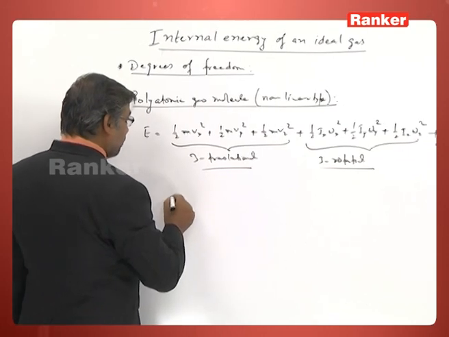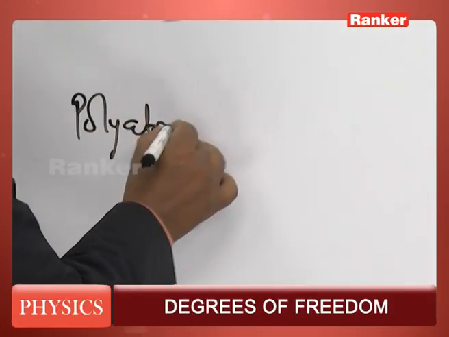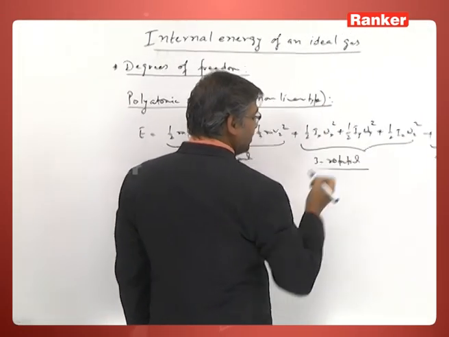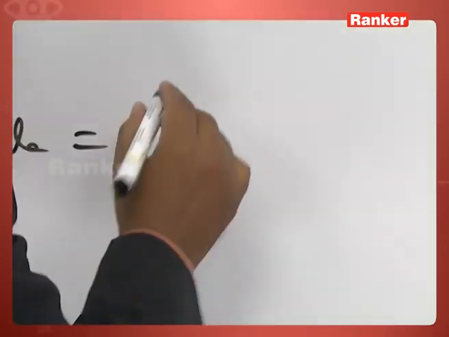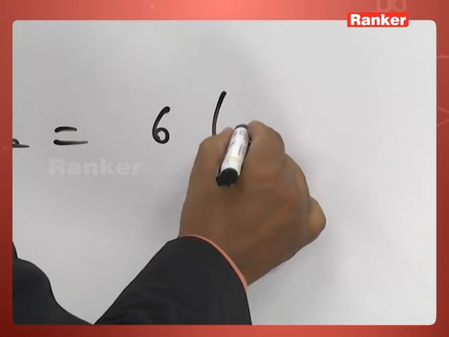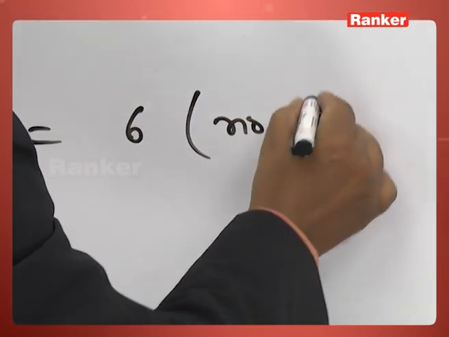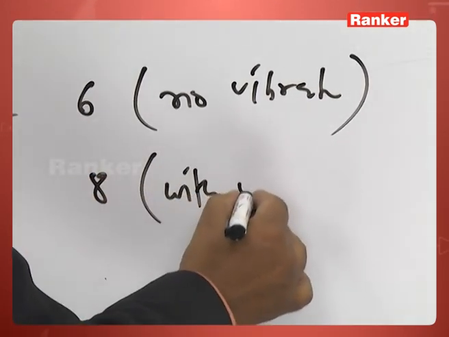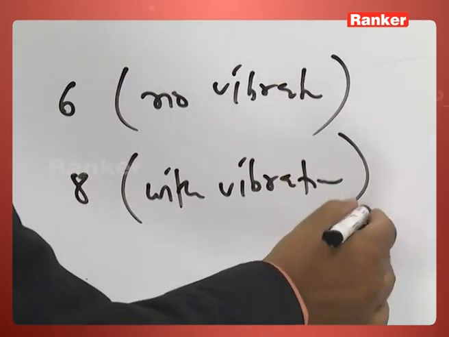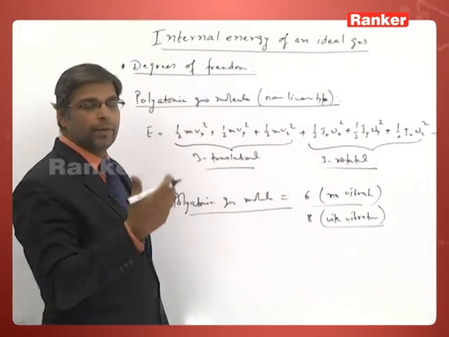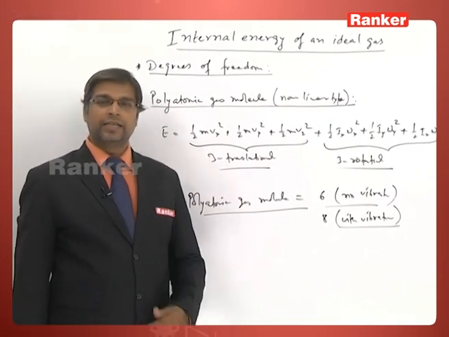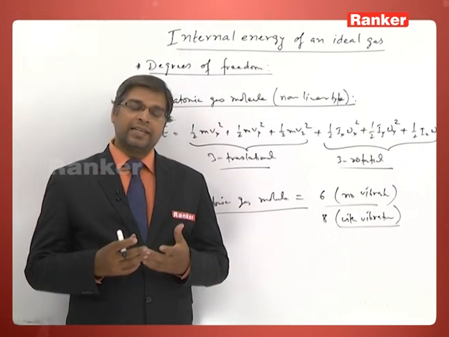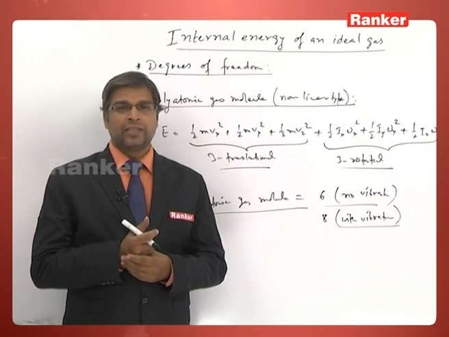So, the total degrees of freedom of a polyatomic gas molecule will be 3 plus 3 is 6 under normal circumstances, so no vibration, and 6 plus 2 is 8 with vibration. So, this is how the degrees of freedom for a gas molecule are defined. Now, let us see how these degrees of freedom provide different ways of storing energy for a gas molecule.